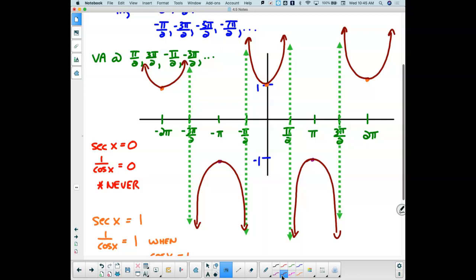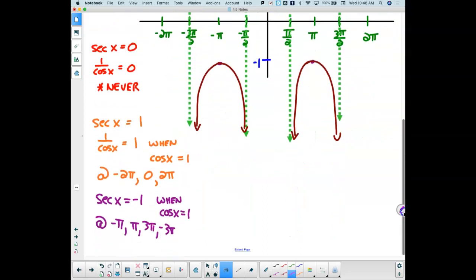Now, let's test it. Give me a point that we should test it with. Pi over 4. So pi over 4 is somewhere in here, so we should be more than 1 with it. Correct? So the secant at pi over 4 is equal to 1 over the cosine at pi over 4, which is 1 over the square root of 2 divided by 2.